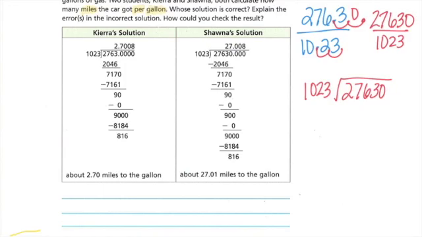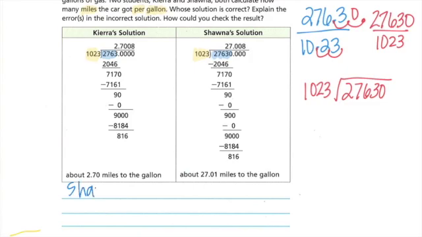Now, if we look at what the girls did, they both had 1,023 on the outside. But on the inside, Kira has 2,000, and Shauna has 27,000. So who's correct? Yes, Shauna.